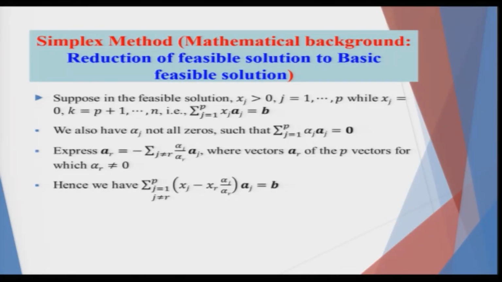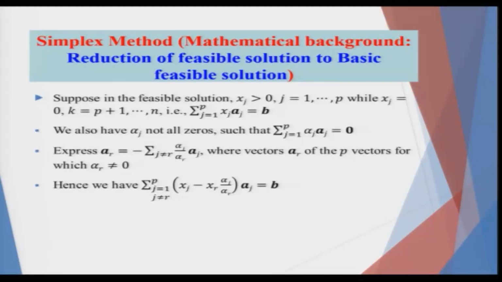Now, if you remember the problem which I discussed in the last class, we took x1 as 0, x2 as 0, and x3 and x4, which were the slack and the surplus variables, we put as non-zero, and we saw that one of them was negative. That cannot be a basic feasible solution, because we are considering that all the slack, surplus and actual decision variables are greater than or equal to 0, as per the norm of assumptions you have made.